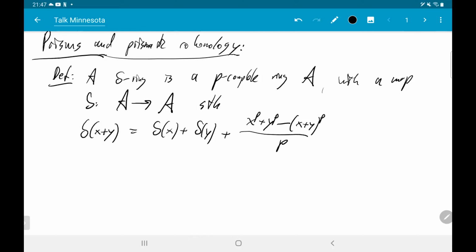So this is saying that delta is definitely not additive, but it somehow plays well with sums.